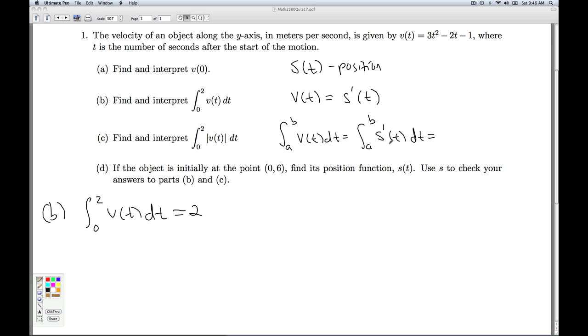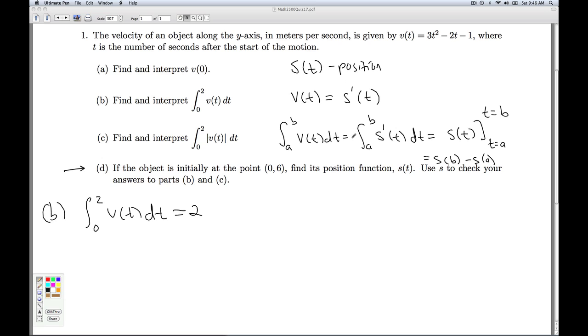So the antiderivative I can pick for s prime of t is just s of t. So this is s of b minus s of a. Now this might not be the same antiderivative I actually used to get this number, but remember any antiderivative works. We'll actually recover what the actual value of this is here in part D.